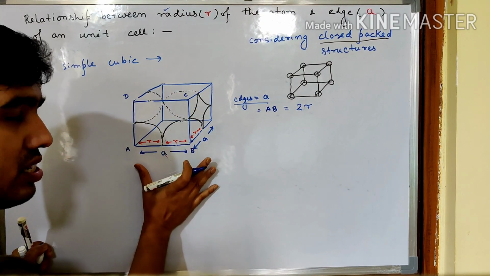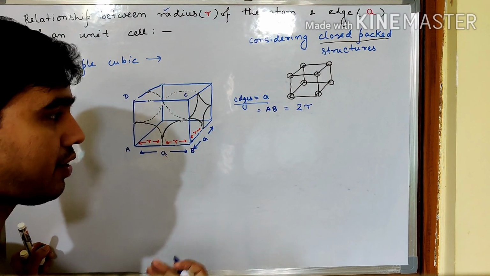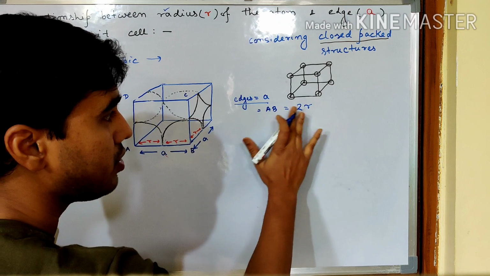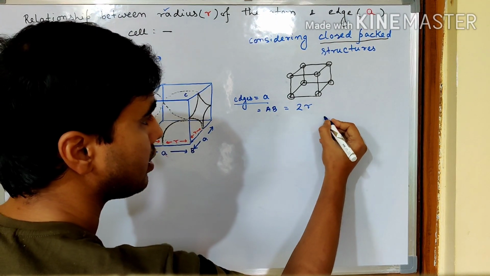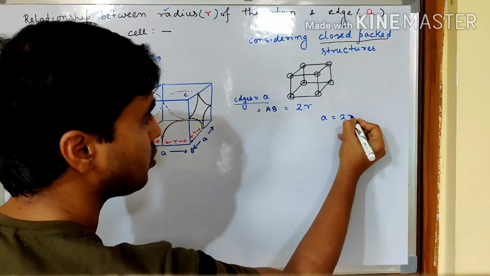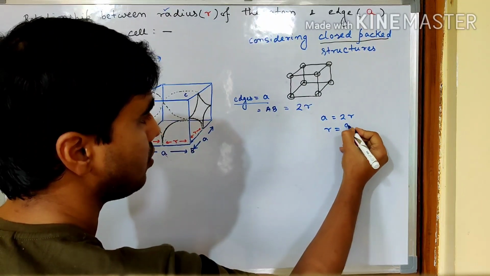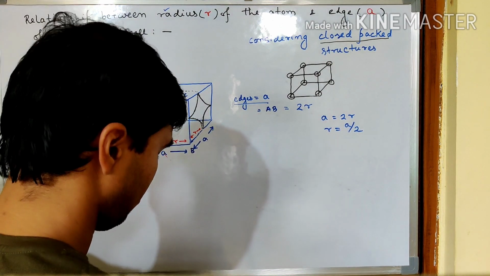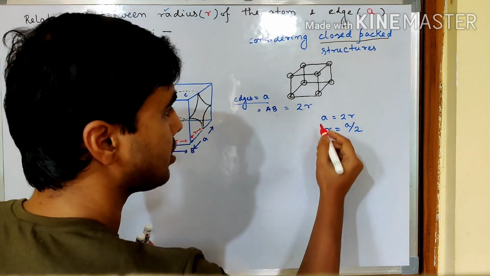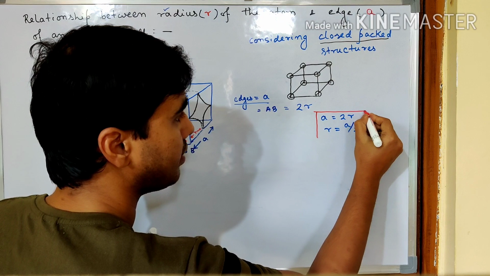Remember, in case of body centered, this structure will be different, that we will see. So AB is equal to 2R, which is equal to A. So we can say that A is equal to 2R, or R is equal to A by 2. This relation will be very handy.